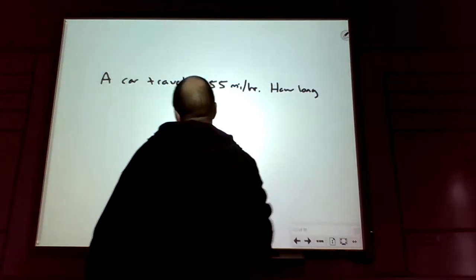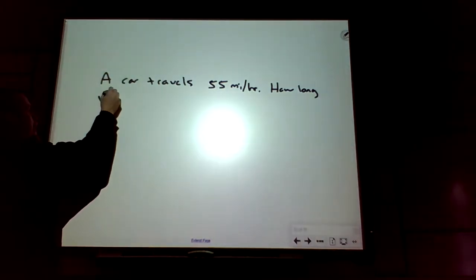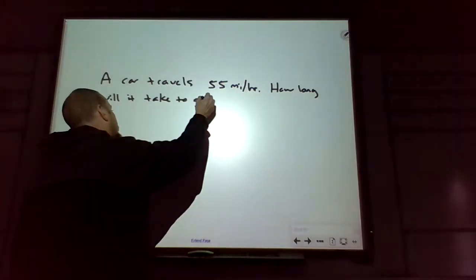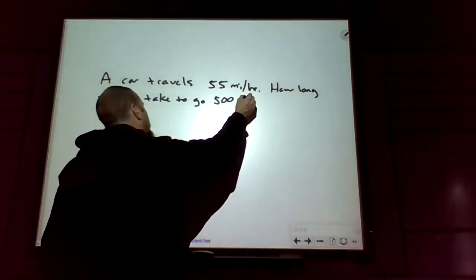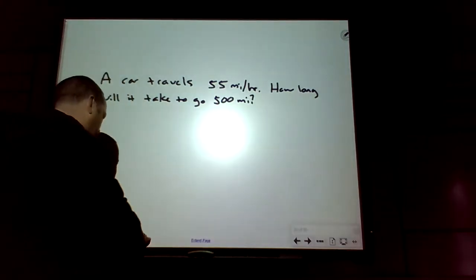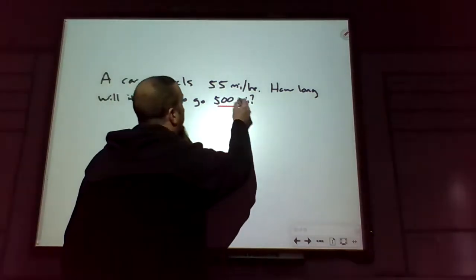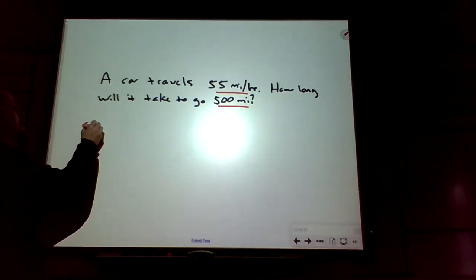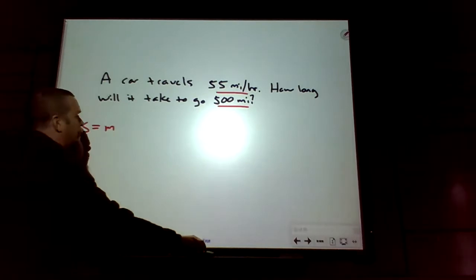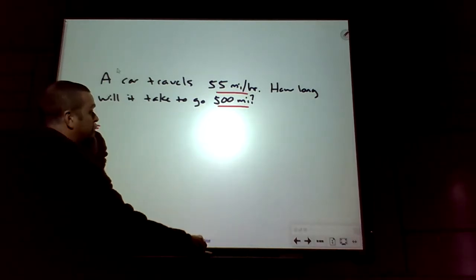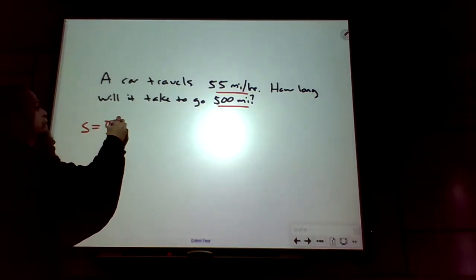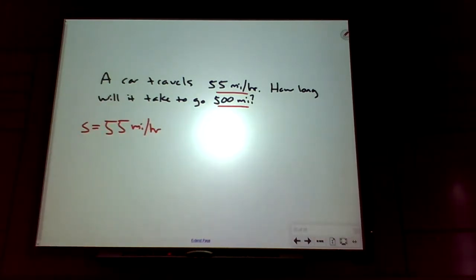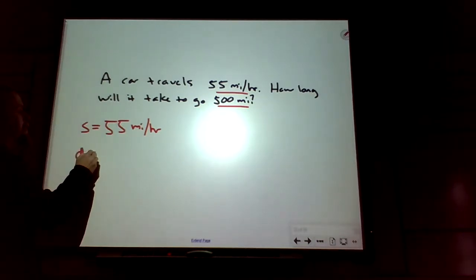How long will it take to go 500 miles? Again, always a good idea to figure out what these numbers are that I've given you, what you're working with. Miles per hour is a speed unit. And we know it's a speed, not a velocity, because there's no direction attached to it.